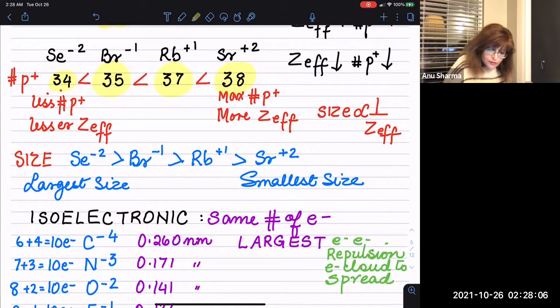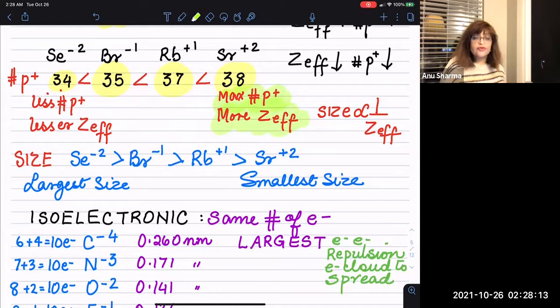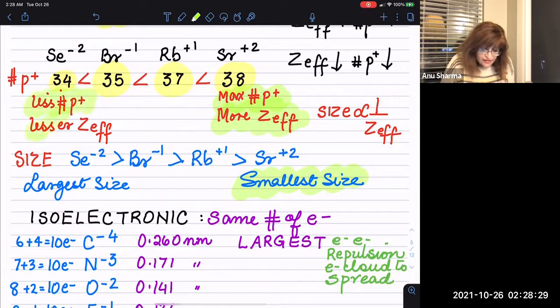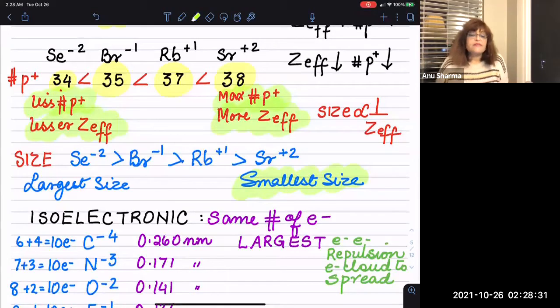When there are more protons, the size becomes smaller as the nuclear pull increases. On the other hand, selenium has fewer protons, so that means lesser nuclear pull. That means the electron cloud is more spread out, so it looks by default like a larger size.